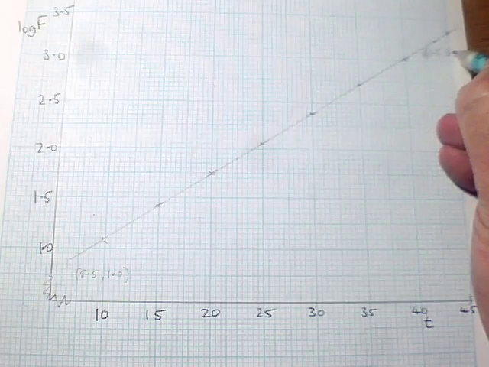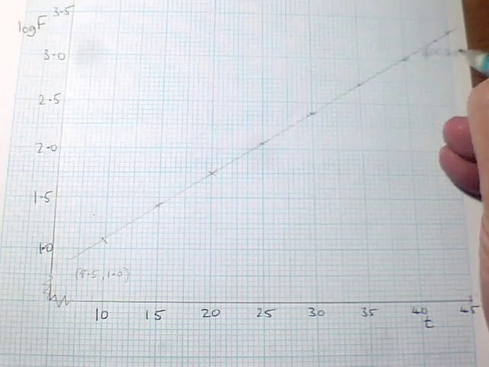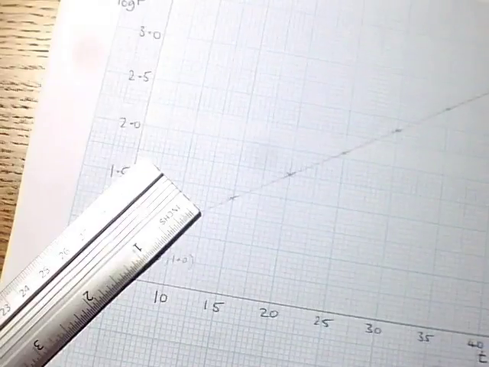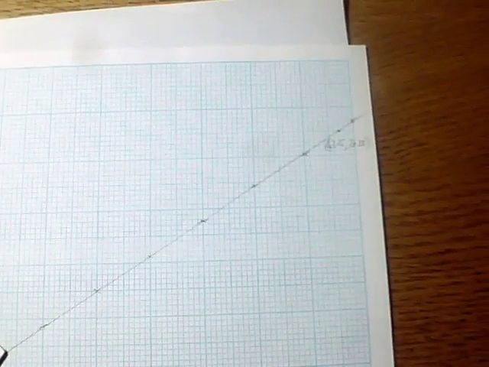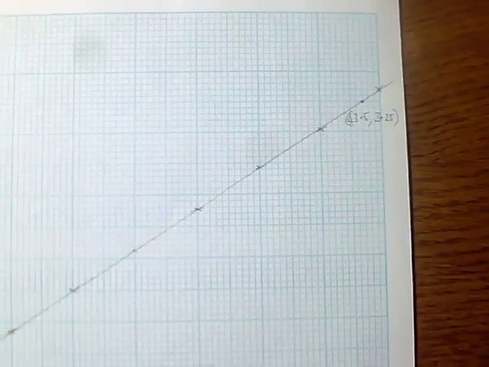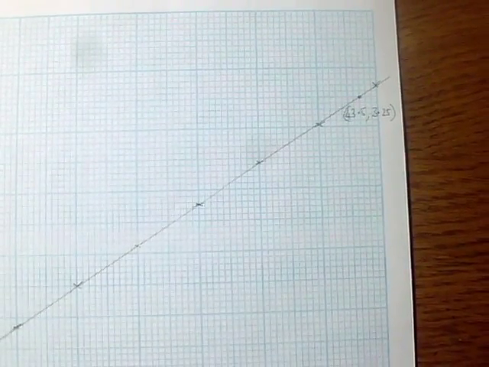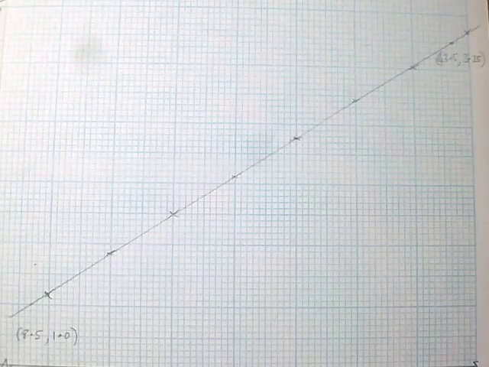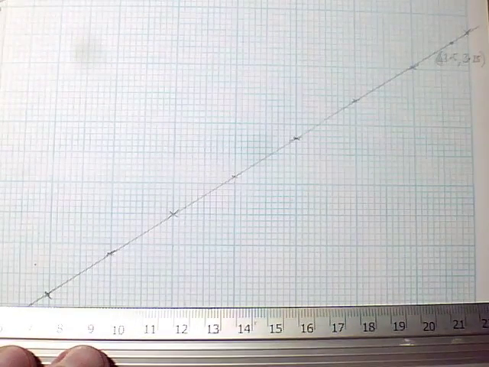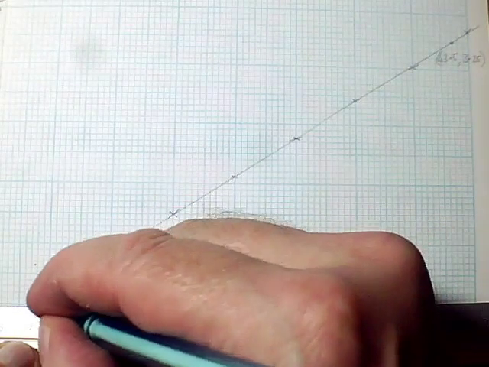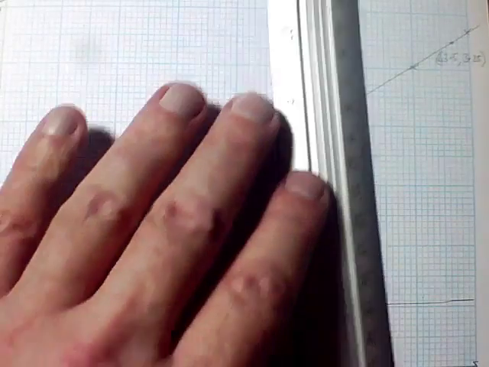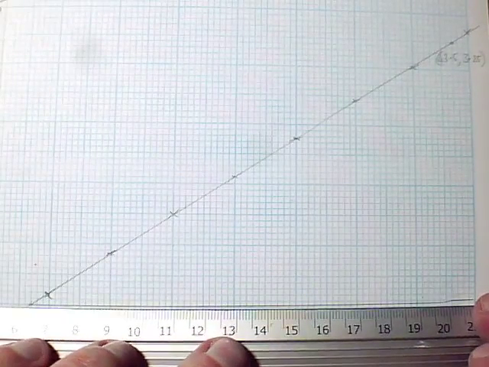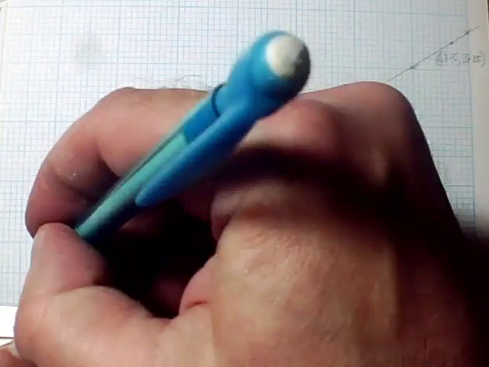3.25. Okay, so armed with two data points, I don't know if you can read that, I've written those coordinates there. What does it say there? 43.5, 3.25 is what I made that point to be. Alright, so I need to draw in my triangle joining those two points I've selected. So I'll draw the horizontal, that was a very bad horizontal, I'm going to have another go at that.